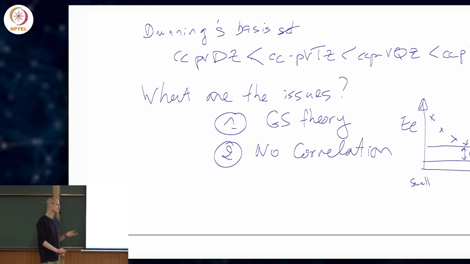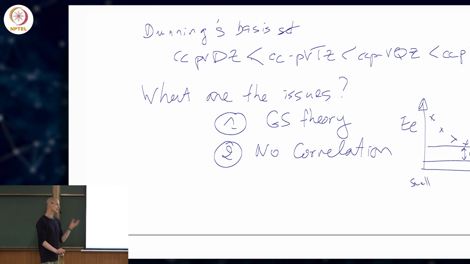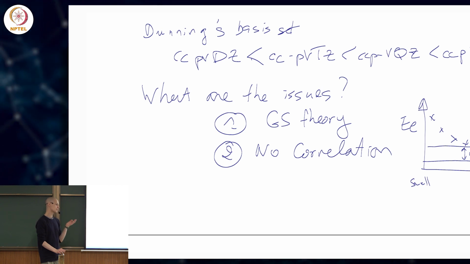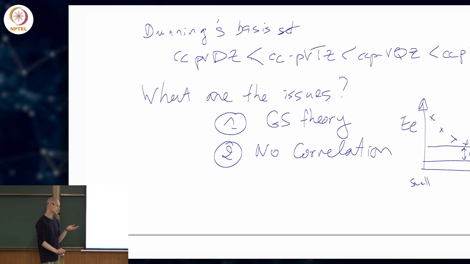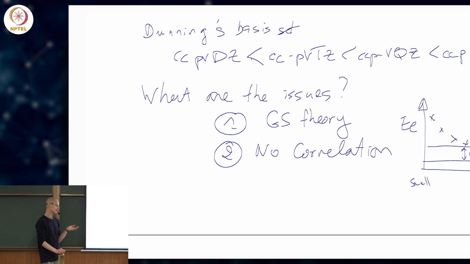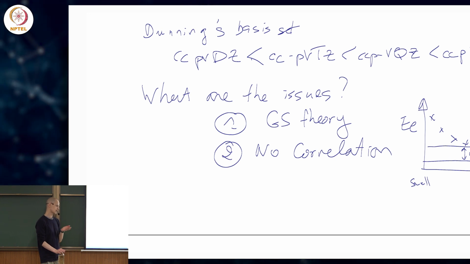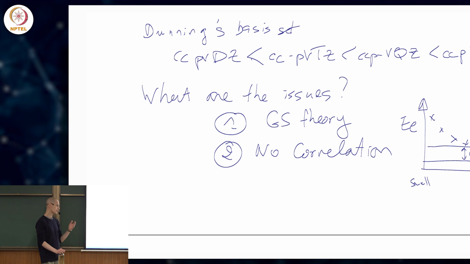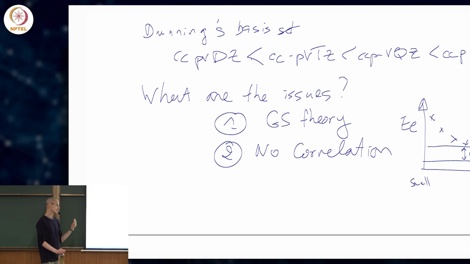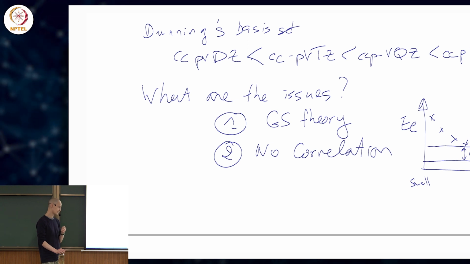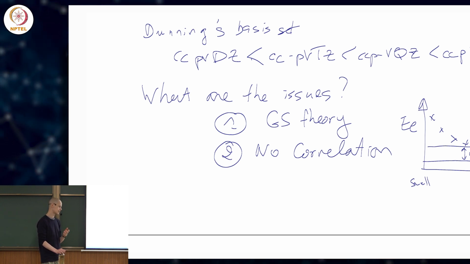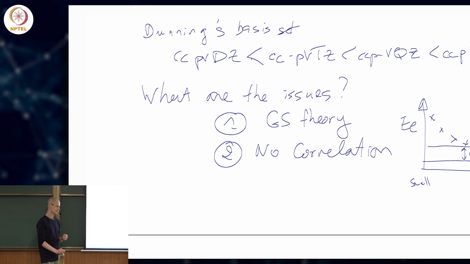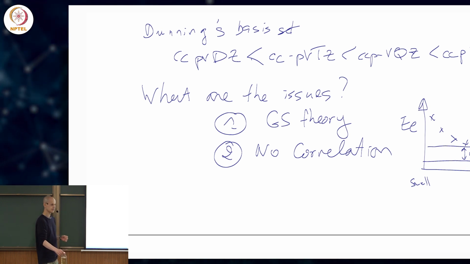The variational principle tells you that you can take any wave function, you're always going to be above the exact energy. But how low you can go for a given wave function depends on your ansatz, on the mathematical form. It depends on the basis set.